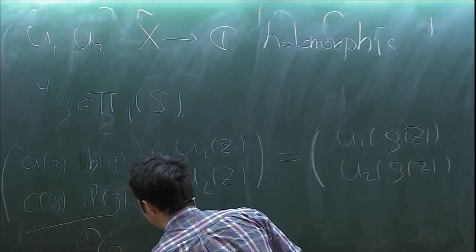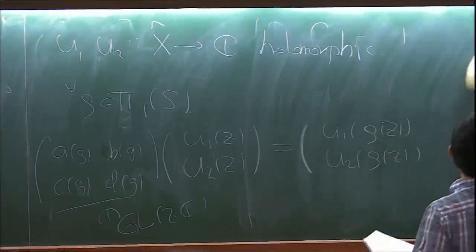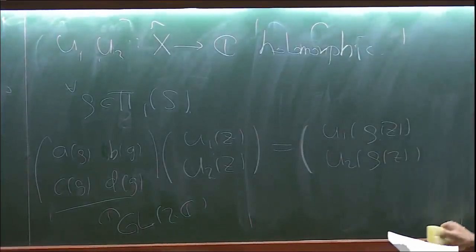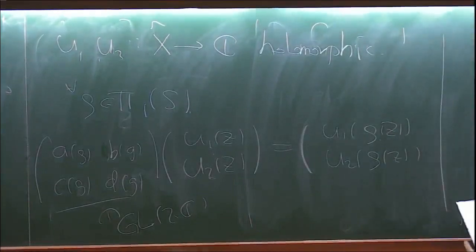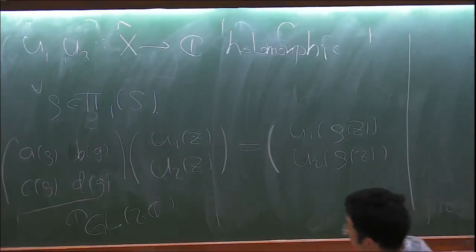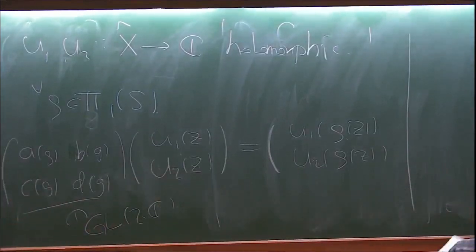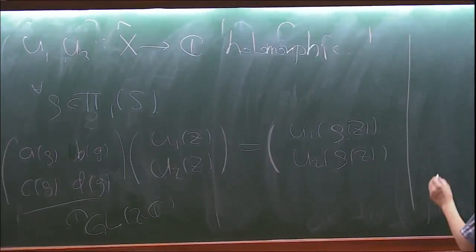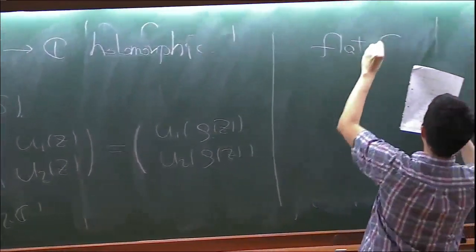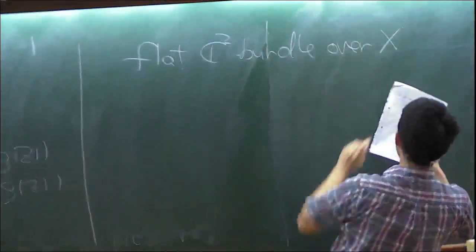And you see, it's non-degenerate, just because we are solving basically the same differential equations, just changed by the deck transformation. Then we have a flat C2 bundle over the Riemann surface X.